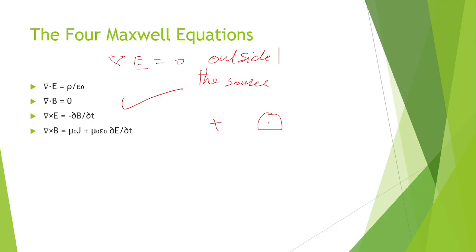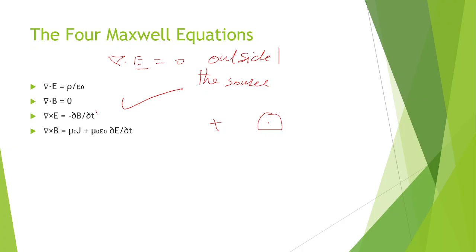That is why the divergence of the magnetic field is always zero for any closed path, whether you enclose the source, or some part of the source, in the closed surface, you will always get zero divergence.